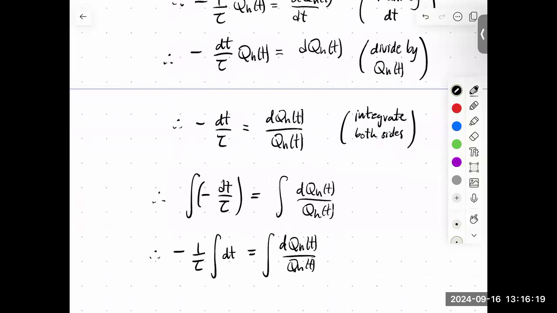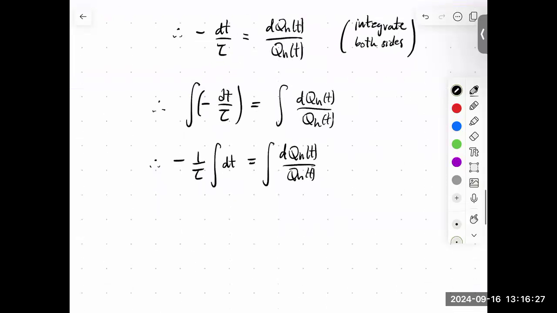All right. Now these are easy integrals to evaluate. What's the integral of dt? It's just t. So we have minus t over tau is equal to, what's the integral of 1 over x with respect to x? Ln x. So here, instead of x, we have QH.